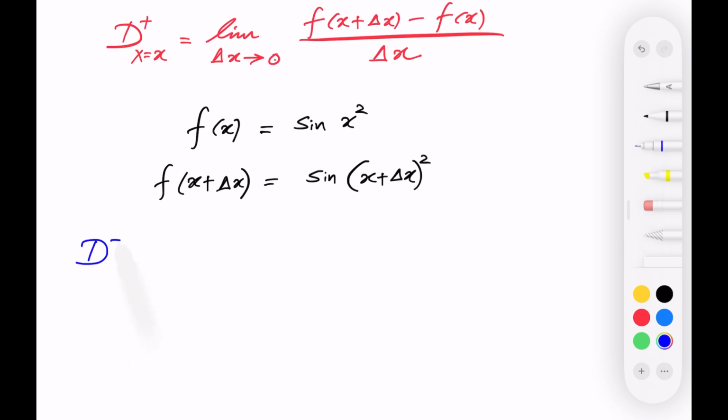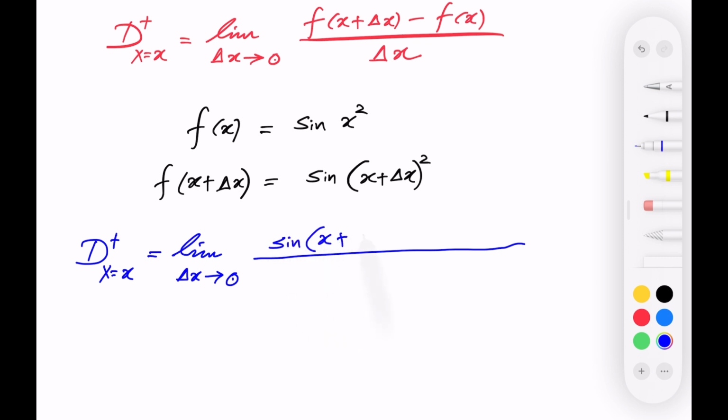The equation we have is D plus at x equals x is equal to the limit as delta x approaches 0. On the numerator, f of x plus delta x is equal to sine of x plus delta x, everything squared, minus f of x, which is sine x squared.